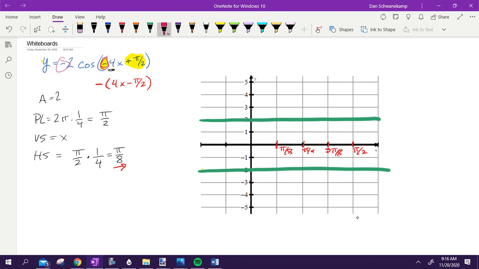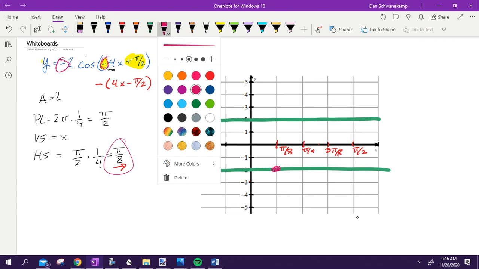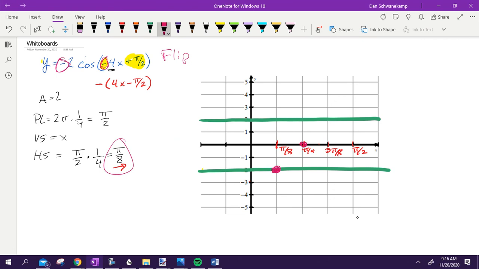No, because it's inside the parentheses, and with cosine that doesn't matter. But this one does, and so I am flipped one time. So it's going to start at the bottom, so normally I would start here, but I'm going to the right pi over 8, so my new dot is going to start right there. Once I've got that one, a middle, top, middle, bottom, and you could continue from there and get your picture to do something like that.